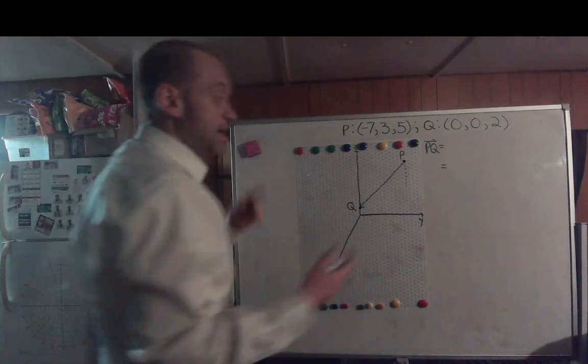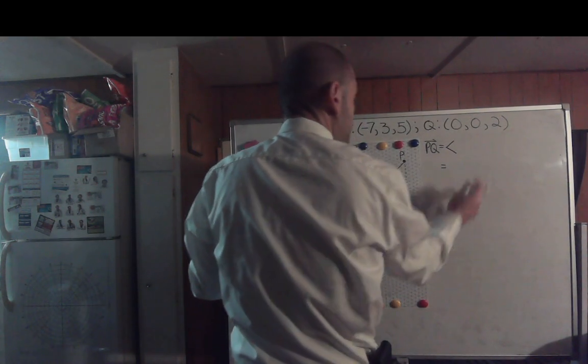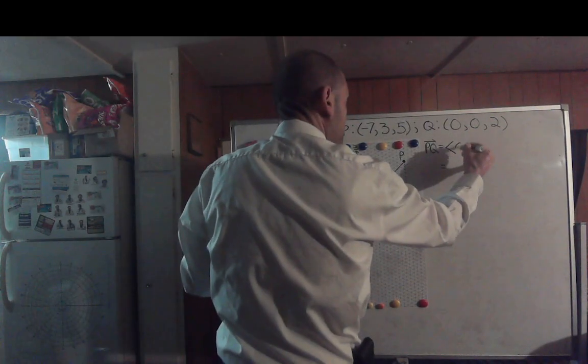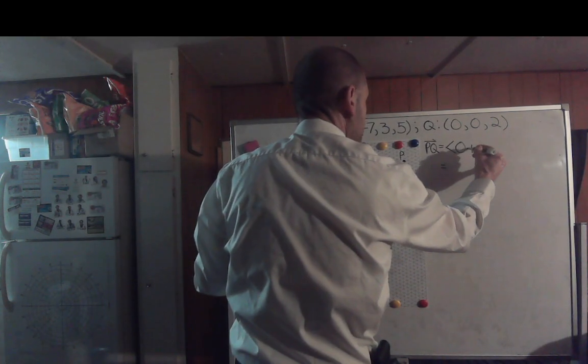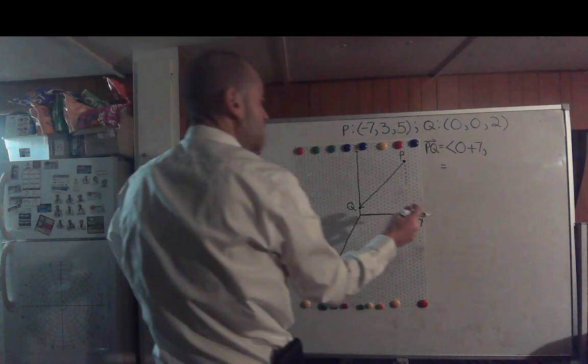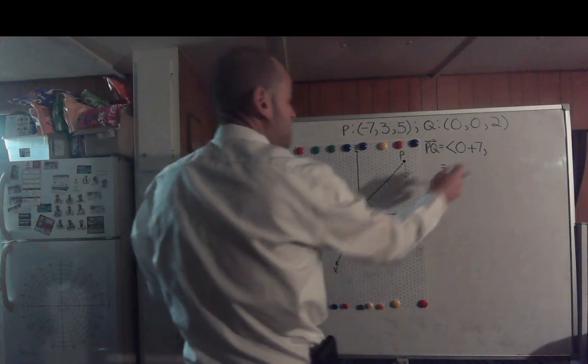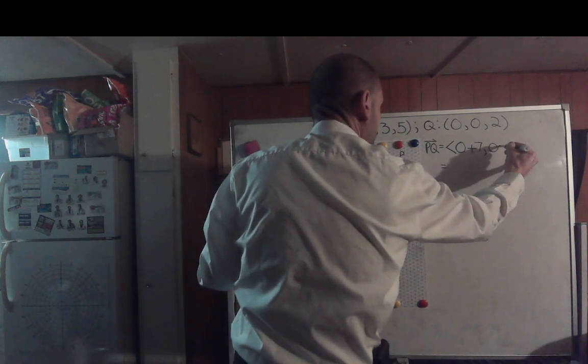So let's go ahead and now find that actual vector. Take my x2 of 0 minus my x1 of -7. That would actually turn into 0 plus 7. And then I'm going to take my y2 of 0 minus my y1 of 3.